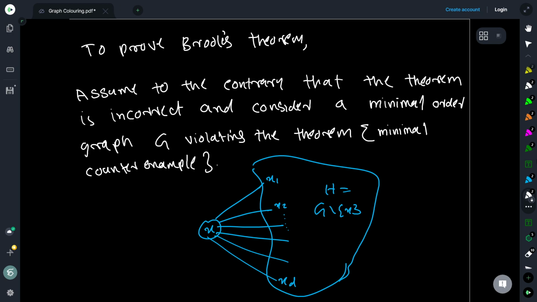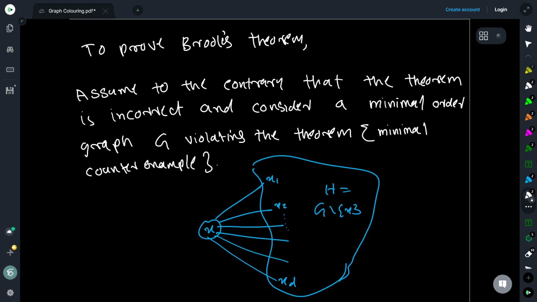Now what I do, from this graph, let me pick some vertex and remove it. Now, if you look at the vertex x, once I remove it, I know that the graph H, which is obtained by removing x, G minus x, is not a counter example, and therefore it has a delta coloring, right?